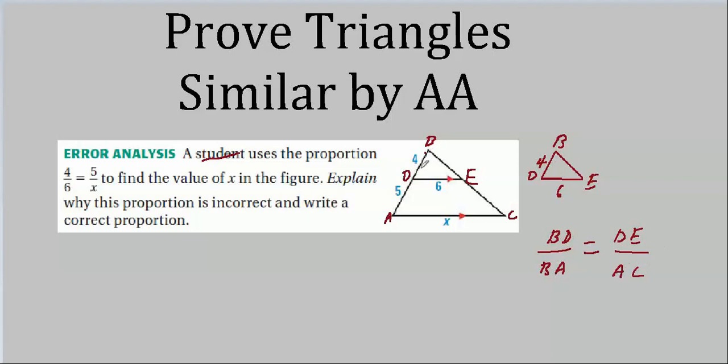The ratio of the small one over the big one is the same as the ratio of this small base over the larger base. Now we can put some numbers in.